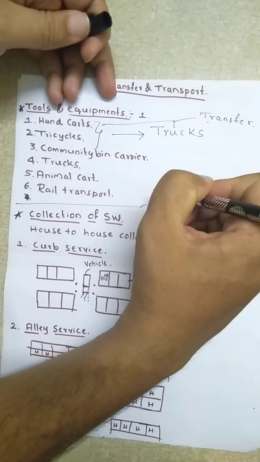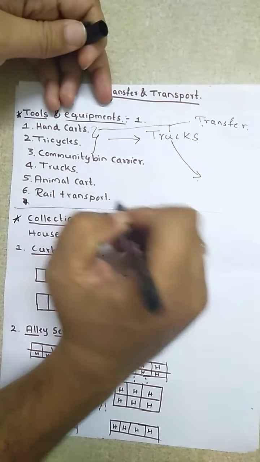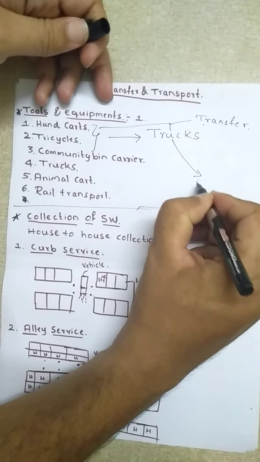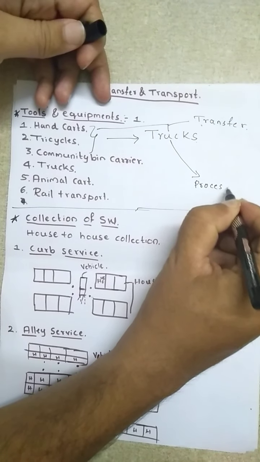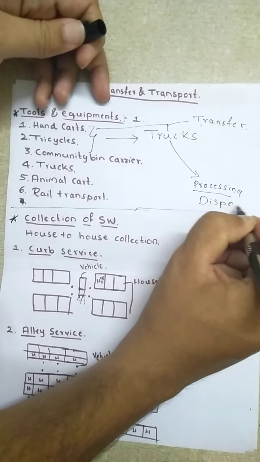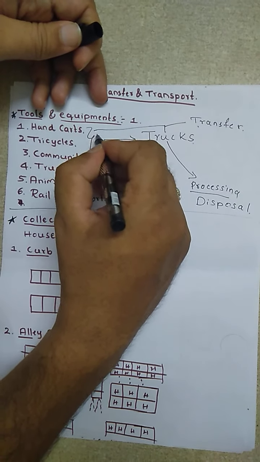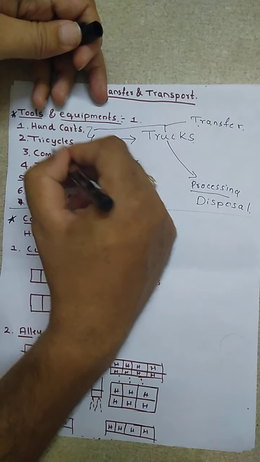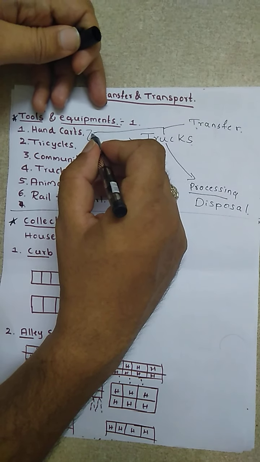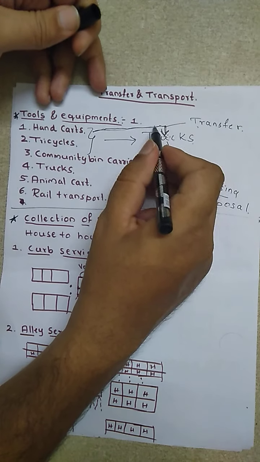Now what is this transport? Transport is nothing but these trucks going to either processing or disposal. We call it a transport. Now what is transfer? Transfer is these smaller vehicles shifting their solid waste into these trucks.